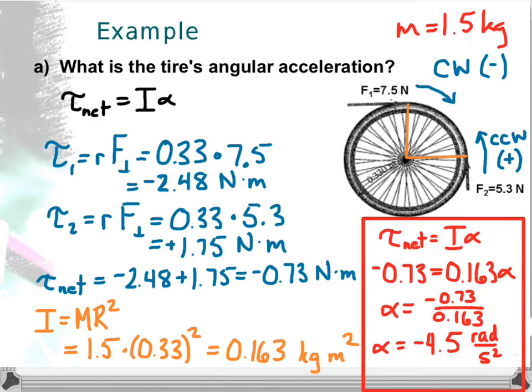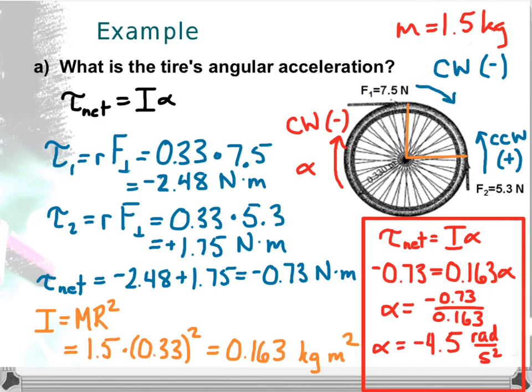Well, remember, negative sign when we're talking about angular motion is a clockwise direction. So this angular acceleration is actually pointing in the clockwise direction. So this tire will want to accelerate in a clockwise manner. All right. So that's the tire's angular acceleration.